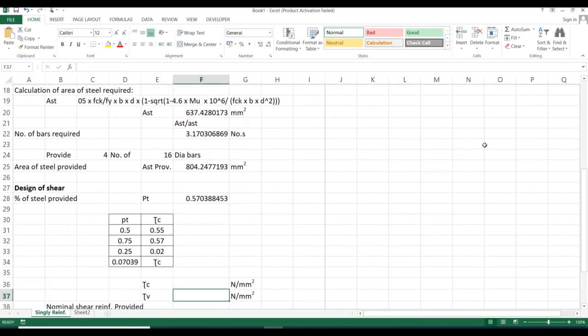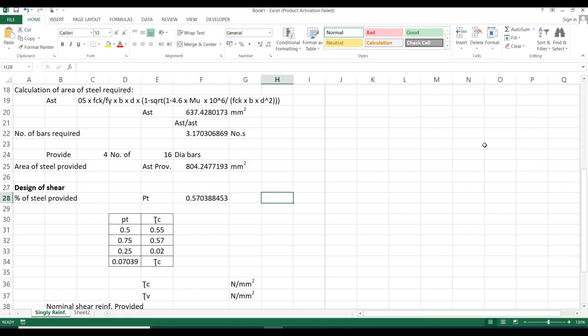Next step is shear force calculation. To calculate the shear force, I require the percentage of steel provided. I have the formula, percentage of steel is equal to 100 Ast provided divided by bd, as per IS 456.